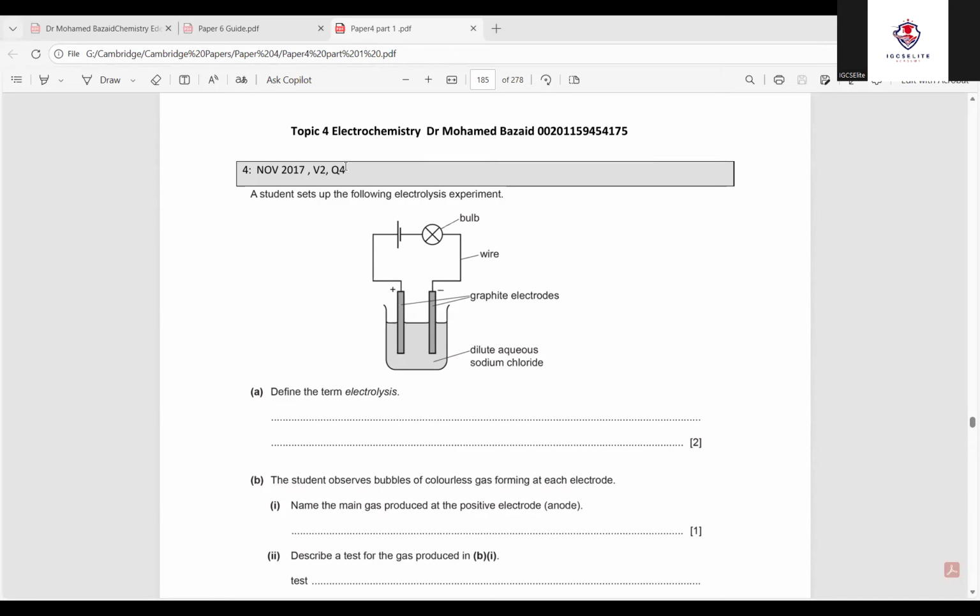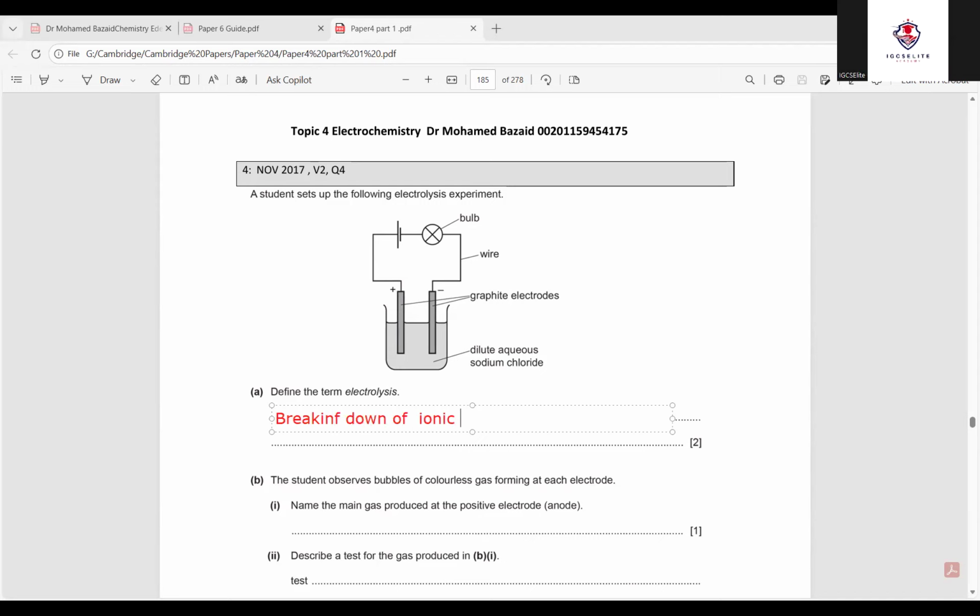So I am going to give a chance to Habib Abdelaziz. Yes, open your mic. Go ahead. Define the term electrolysis. Electrolysis is breaking down of an ionic compound, either molten or aqueous, by electricity.